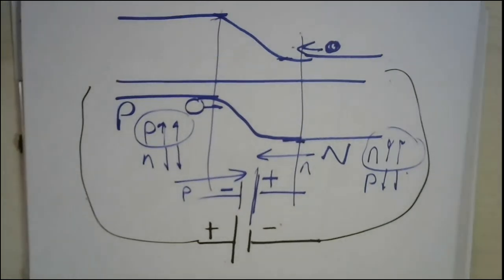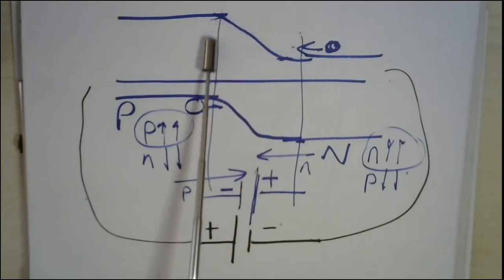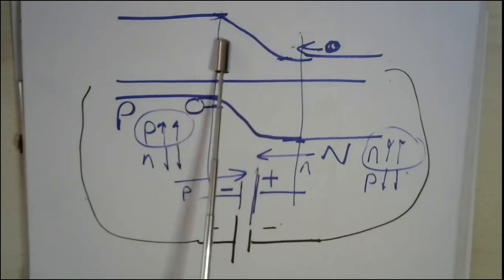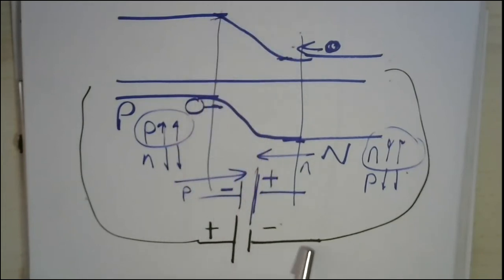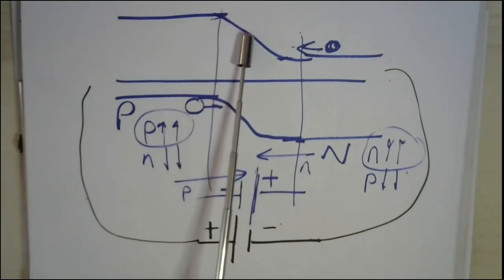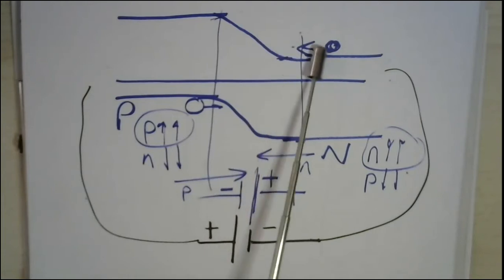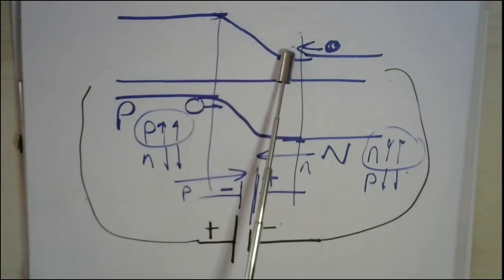So here you have to check the values, because if this voltage, which is the built-in potential, is greater than the forward voltage, this barrier will still exist. However, when the external forward potential is greater than the built-in potential, then this barrier will disappear.